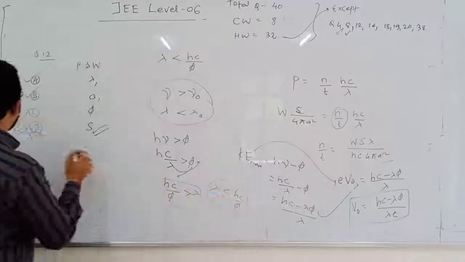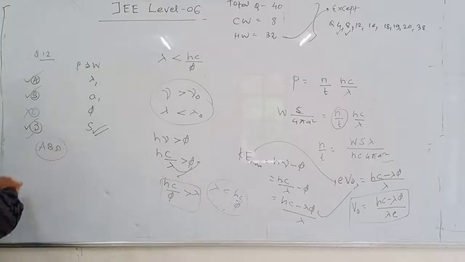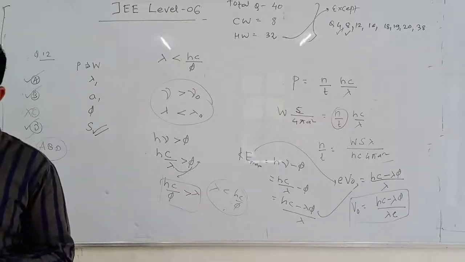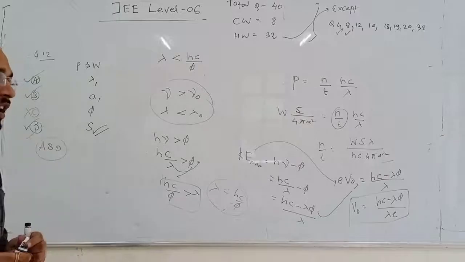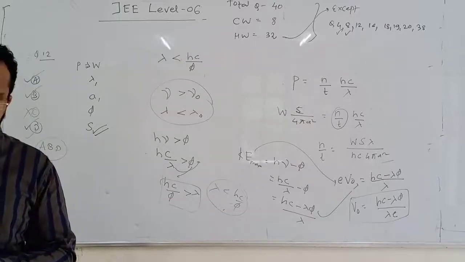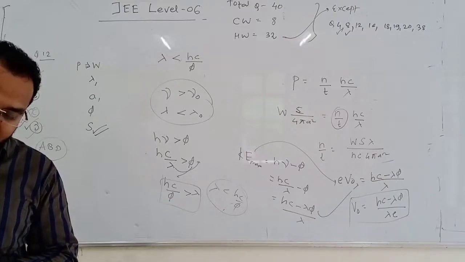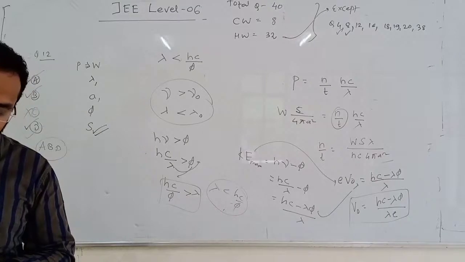This is option D, so D is also correct. The answer is A, B, D. You have to tick all three answers. If you tick even one extra, such as ABCD or AB, it is wrong. Only when you tick ABD is your answer correct.